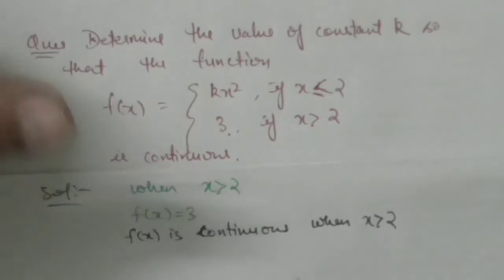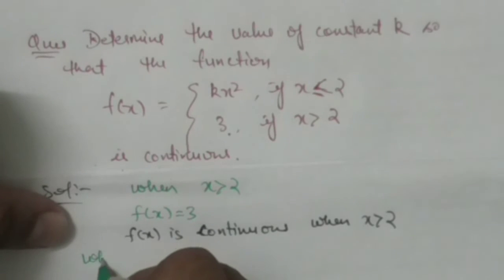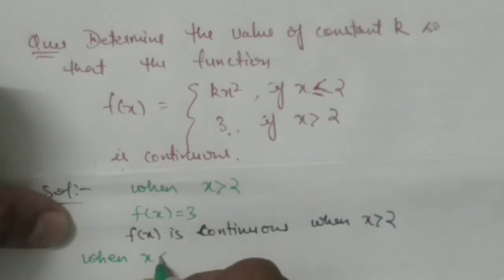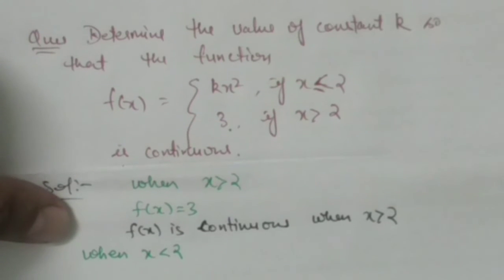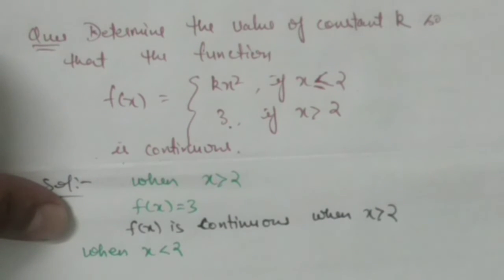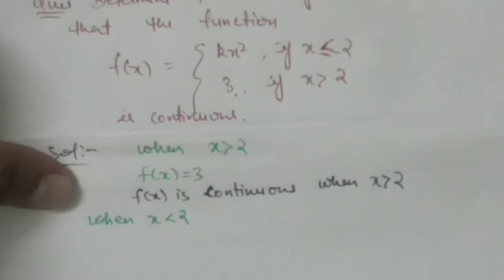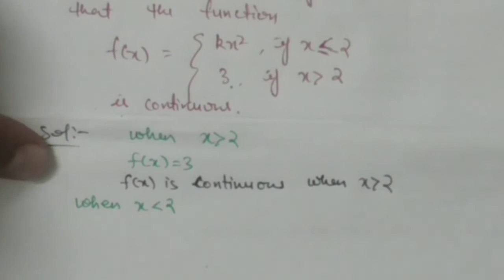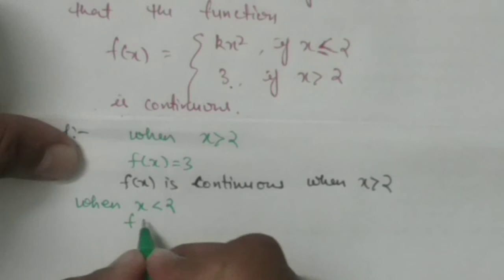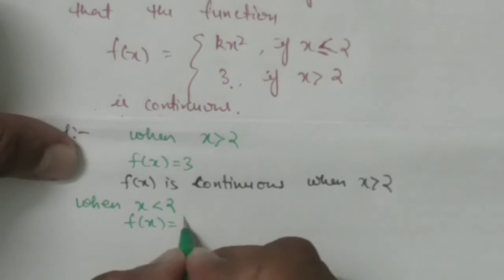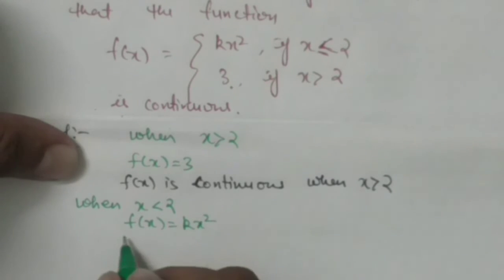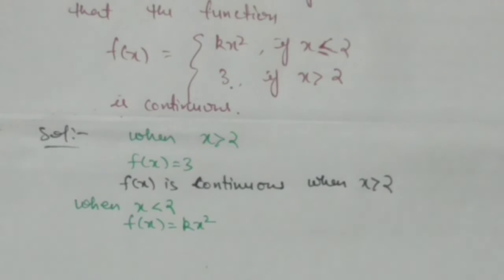Now next is, what happens when x is less than 2, right? When x is less than 2, f(x) is equal to kx square, according to the definition of f(x).